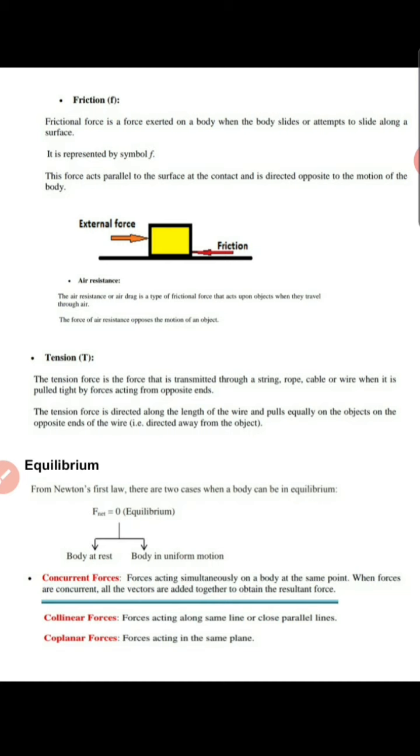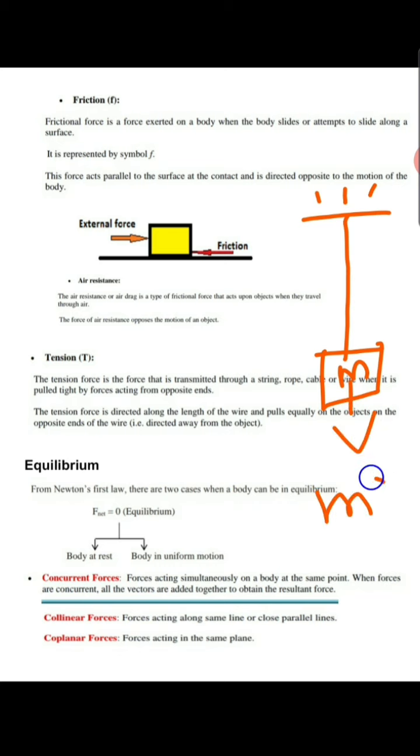And what is the direction of tension? When we keep a thread, the string is connected to a rigid support, and at one end of the string you have a mass m. Its weight mg is acting downward, so this rope is in a stretched state. That force which comes due to the stretched state of the string, we call tension, and the tension will be acting in a direction towards the point where it is fixed.